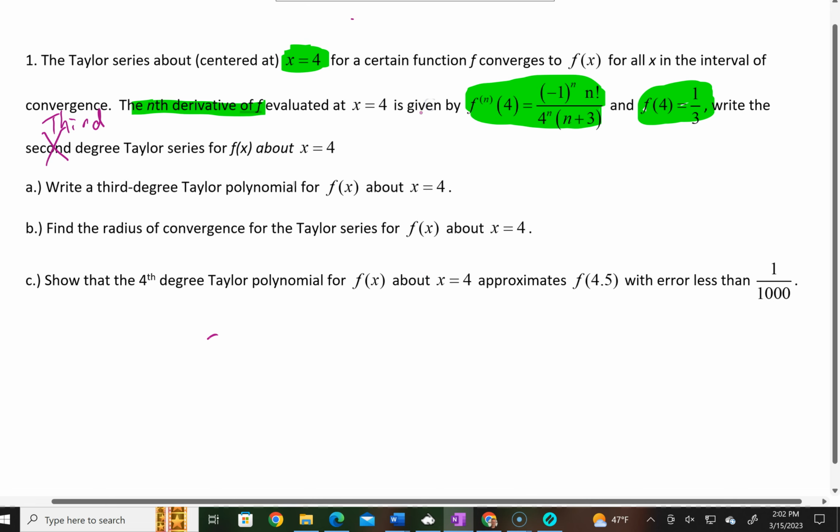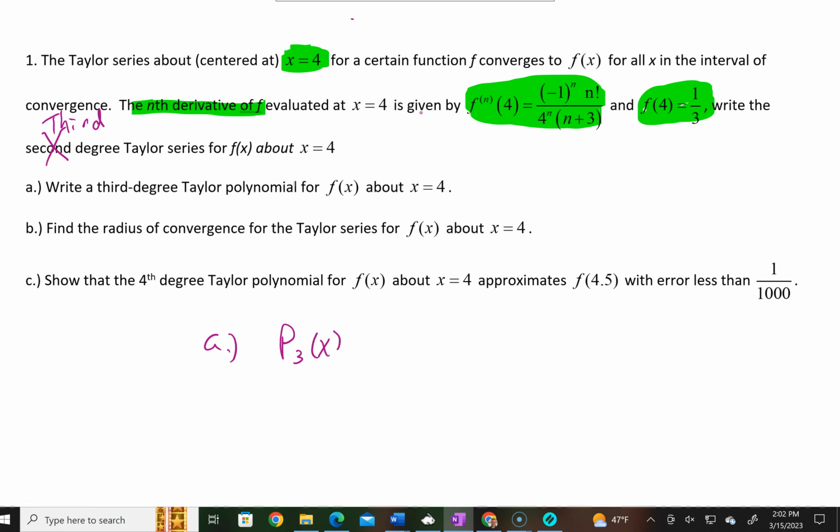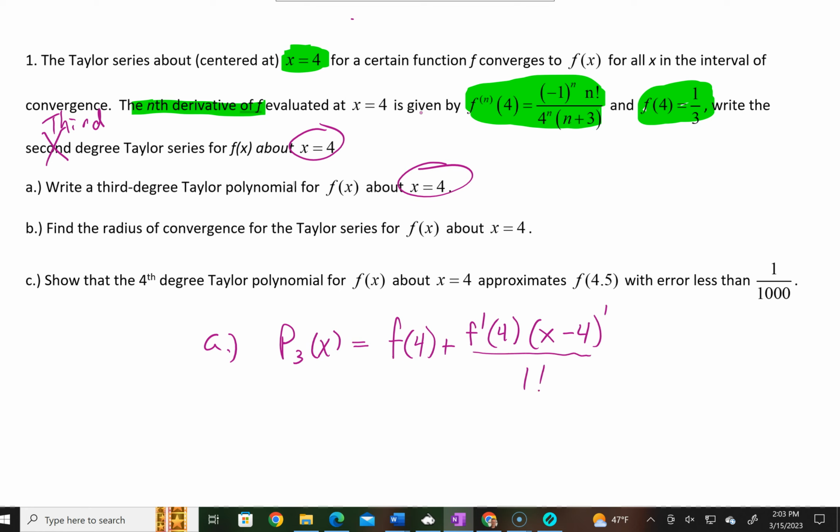For part A, if I'm going to write a third degree Taylor polynomial about x equals 4, starting this off, it's going to be f of 4 plus, then what? f prime of 4 times x minus 4 to the first, divided by 1 factorial.